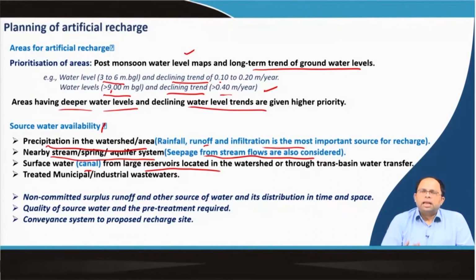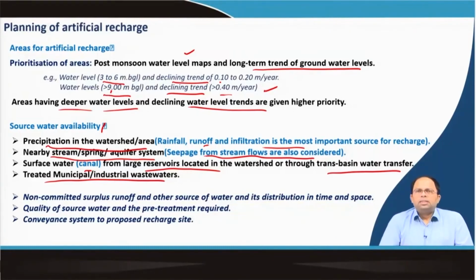So, we may use canals to bring in water to that area from some stored reservoirs from other areas, or from transbasin, and this is also called transbasin water transfer. That means, we are bringing water from other catchments as well. Then treated municipal industrial wastewater, that is also possible. That means, we reuse water, the treated water could be reused for recharge.